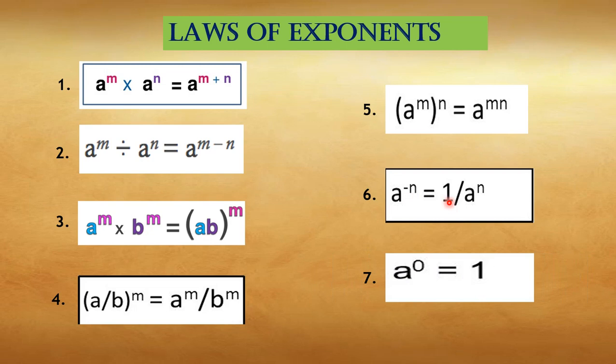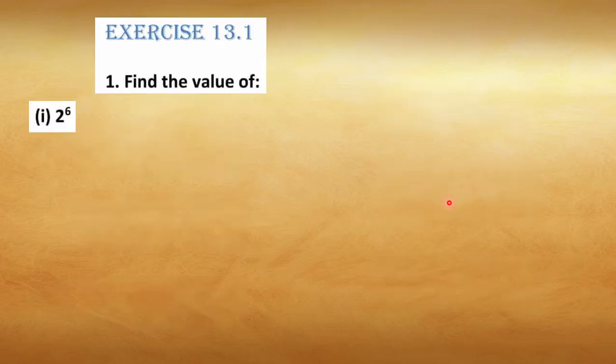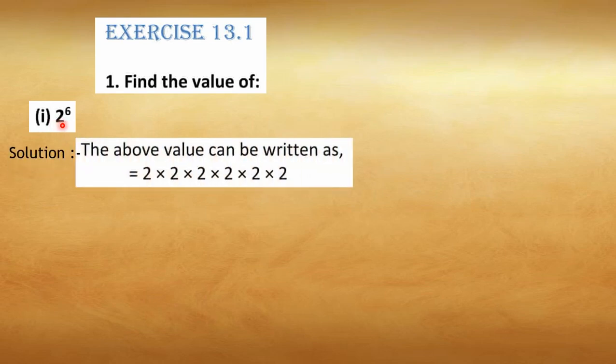Now let us understand how we can use the exponent. For finding 2 raised to the power 6, we write 2 multiplied 6 times. 2 twos are 4, 2 fours are 8, 2 eights are 16, 2 sixteens are 32, 2 thirty-twos are 64.